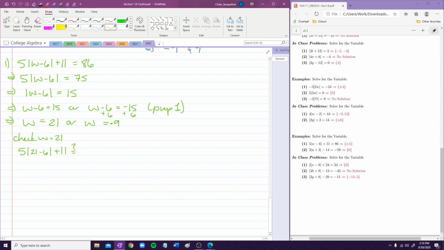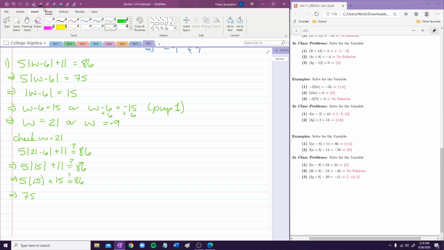Does this equal 86? Then I have 5 times the absolute value of 15, plus 11. The absolute value of 15 is 15. 5 times 15 is 75.